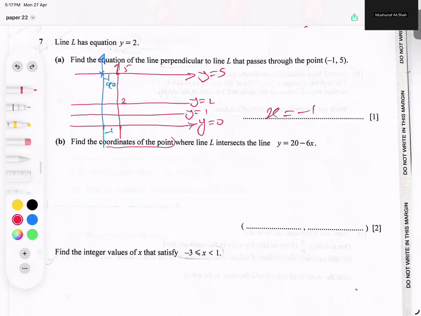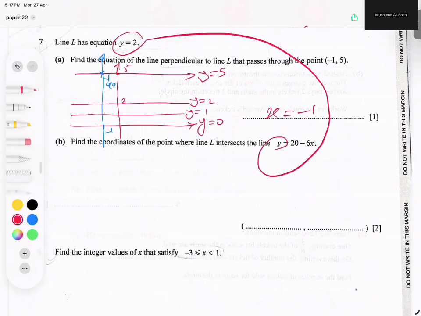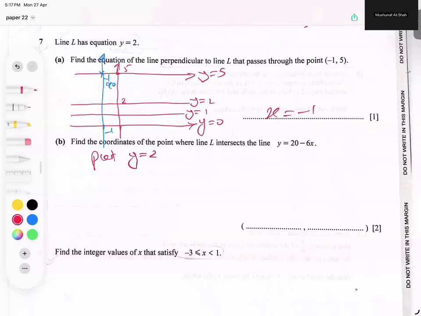Find the coordinates of the point where L intersects with that. Repeat, this line is intersecting. Whenever lines intersect, we solve them simultaneously. So this y value 2, I'm going to put it here in the place of y. So 2 is equal to 20 minus 6x. 6x comes to the left side and 2 goes to the other side, and x becomes 3.